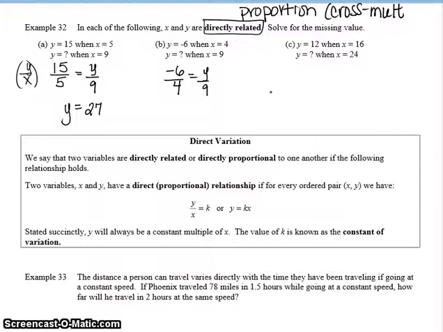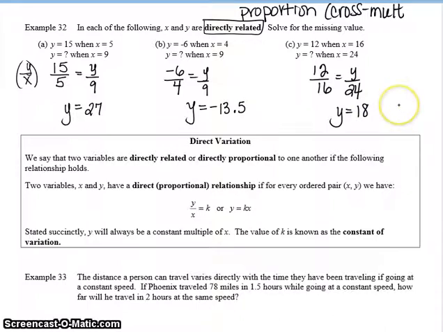Not so easy with mental math. Cross multiply, and you'll get y equals negative 13.5. Part C. Y over x is y over x. Okay, cross multiplication, y is 18.